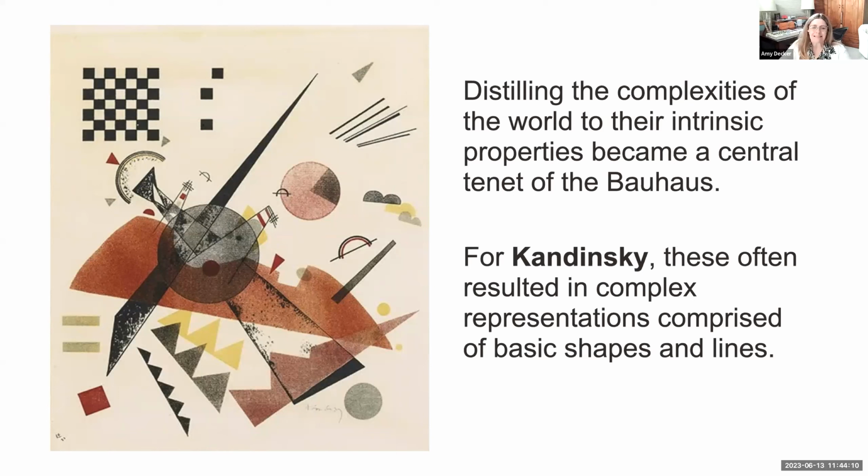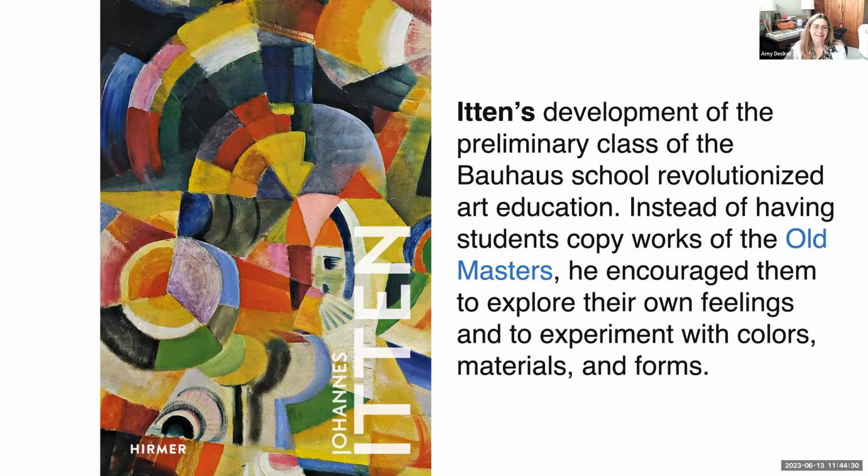Distilling the complexities of the world to their intrinsic properties became a central tenet of the Bauhaus. For Kandinsky, this is an example of his work. These often resulted in complex representations comprised of basic shapes and lines. Itten's development of the preliminary class of the Bauhaus School revolutionized art education.